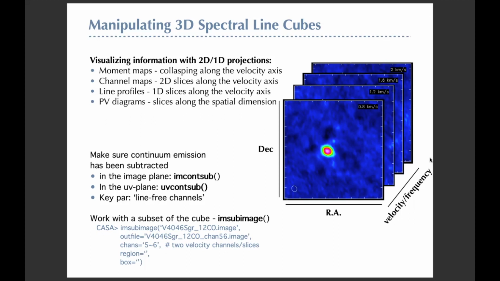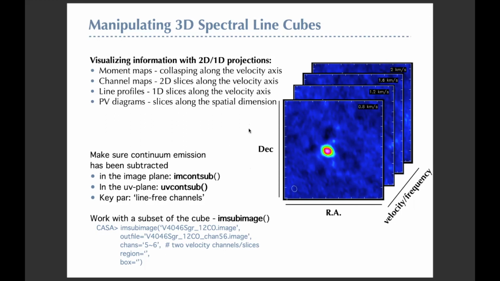And this is the key concept of most image analysis procedures of 3D data cubes. Before we dive into the details of those analyses, I would like to make two notes. First, we have to make sure that the continuum emission has been subtracted out in the line channels.